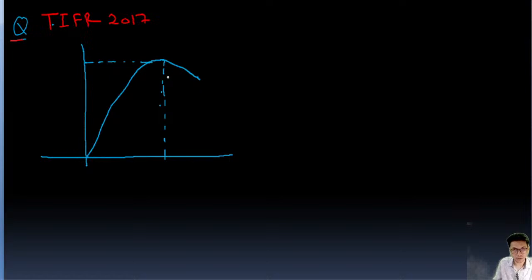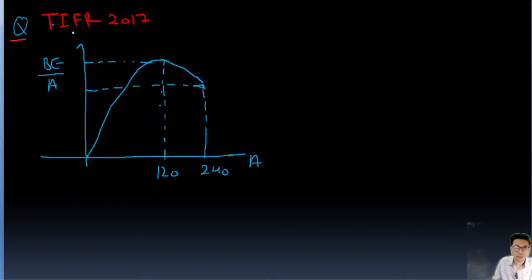This is the curve. This is 120, this is 240, this is atomic mass number, and this is binding energy per nucleon, B per nucleon.